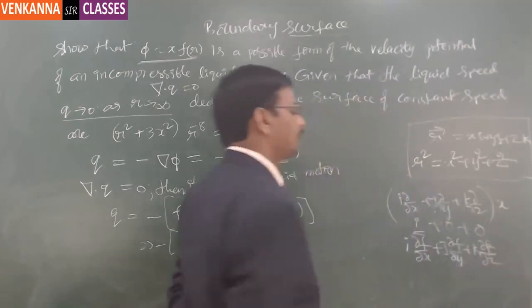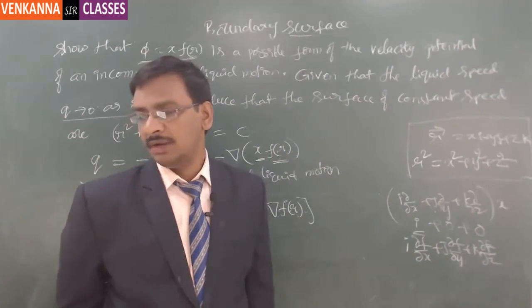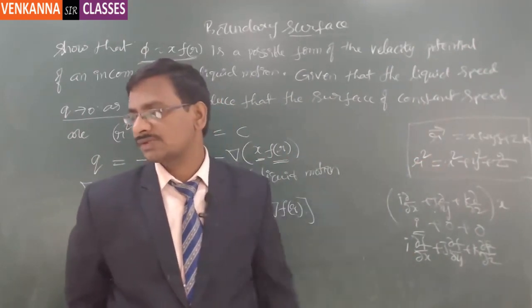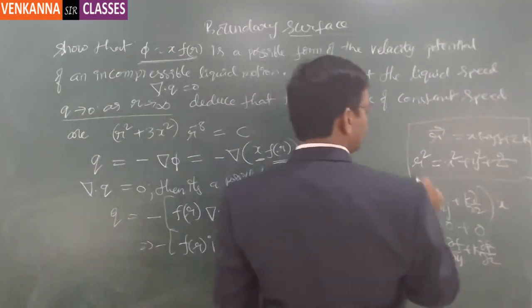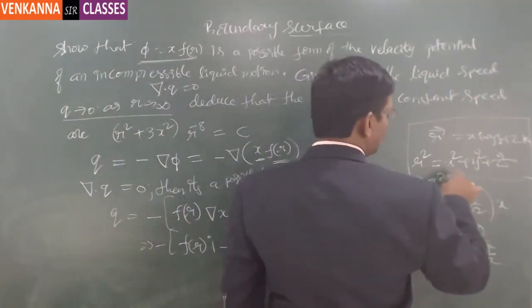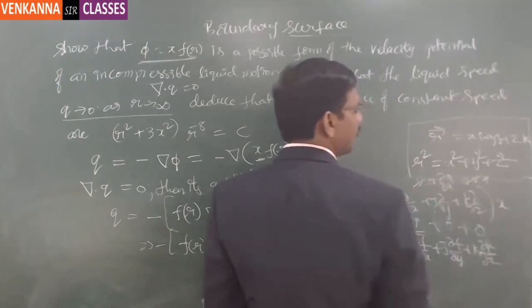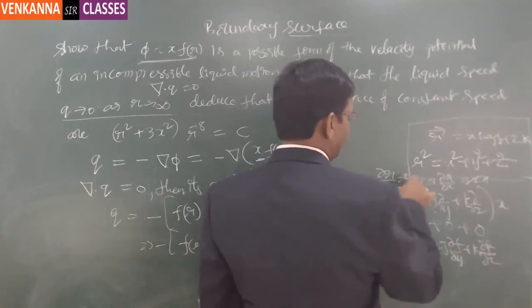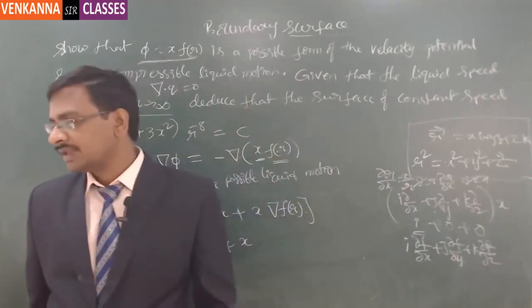But here f is a function of r, and r is related to x, y, z by r square is equal to x square plus y square plus z square. Then from this relation, 2r into dou r by dou x is equal to 2x. So this 2 will cancel. Dou r by dou x is equal to x by r. This is the relation that you have to use.